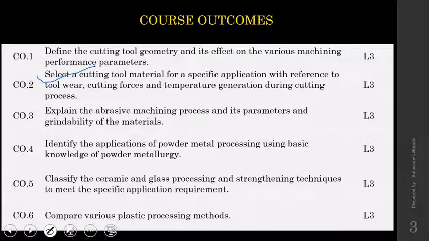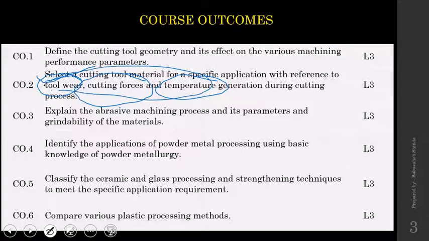Now, when you want to select any tool material, what parameters do we need to take into account? What tool wear is there? What are the cutting forces generated? What is the temperature generation range? And following all those parameters, we need to select a tool material for a particular application.